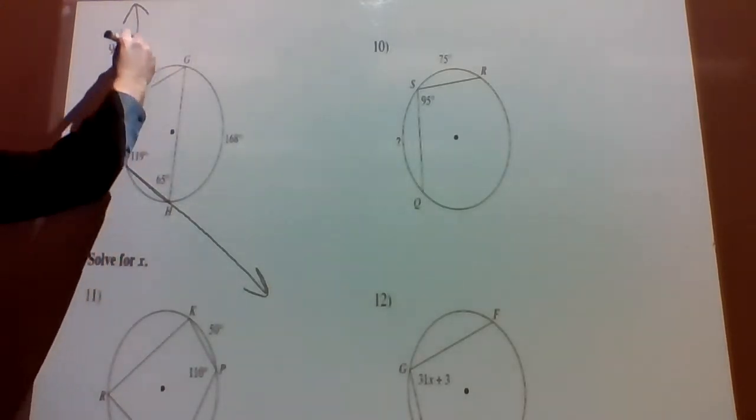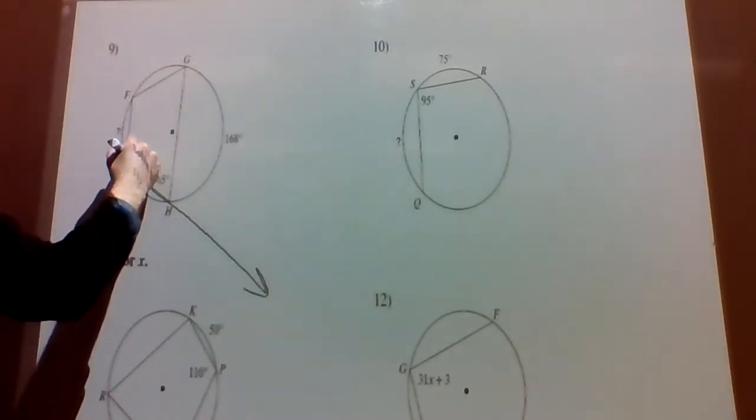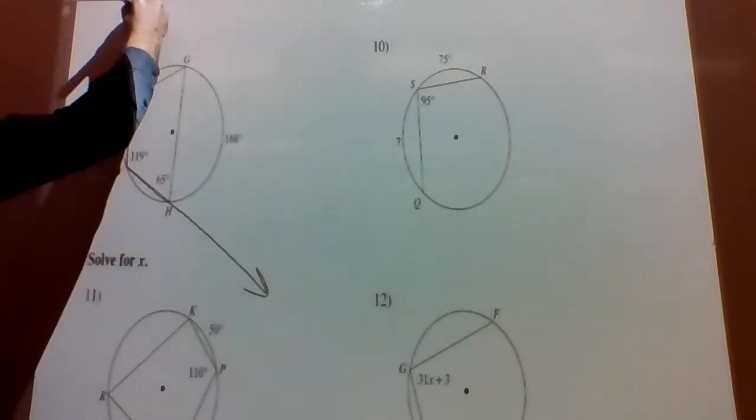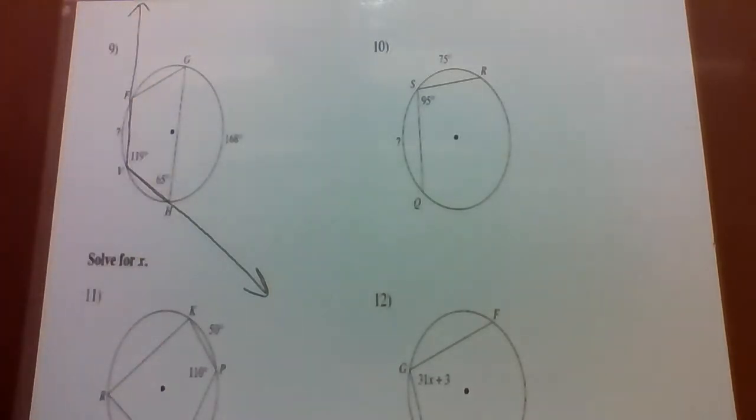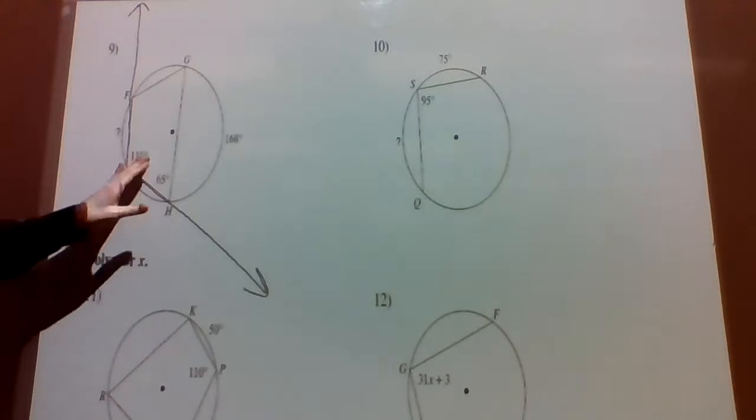Let me draw it a little better. Okay, so there's our angle. It's a pretty big angle. It says it's 120. It looks like it's probably more. But it's fine, 119.